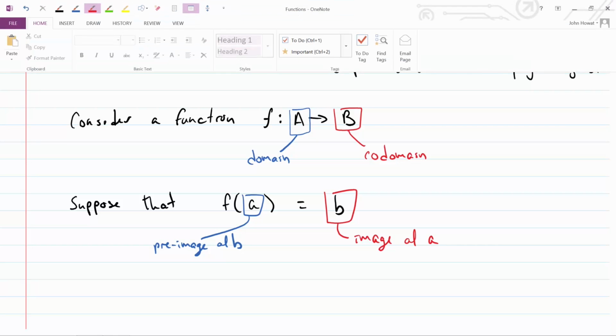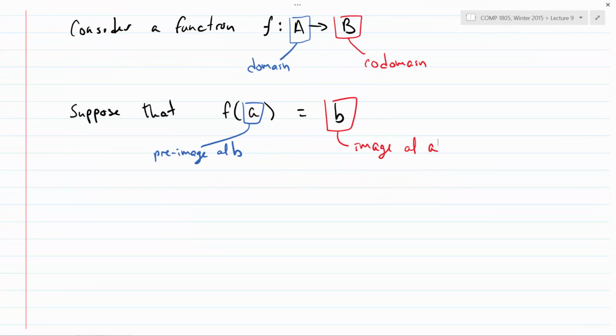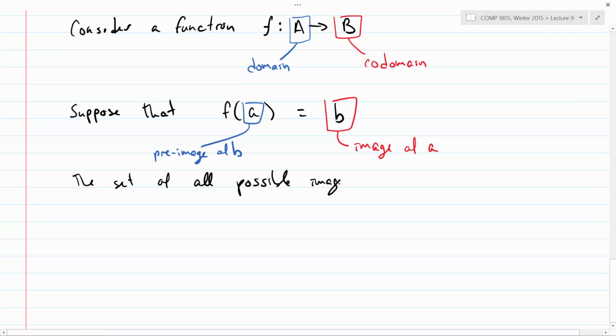All right, so now if you go through the function and look at the set of all possible images, that set is called the range.